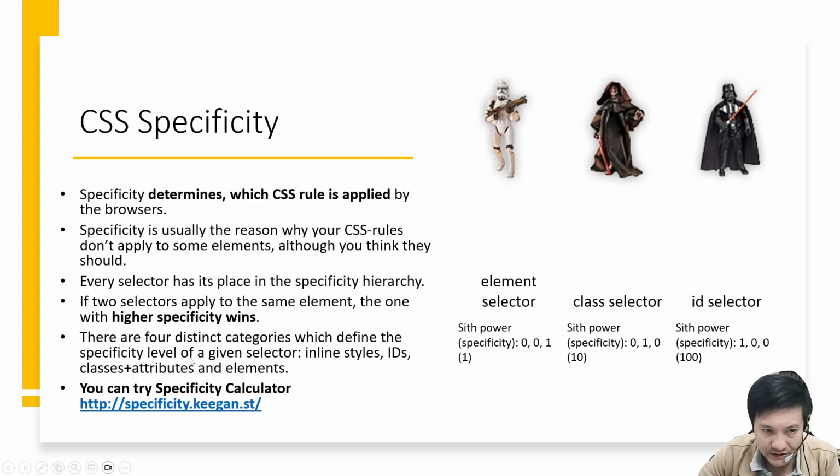This is some calculation, and then your style will be applied. There is something called inline style, ID style, and class plus attribute, and element. Let's explain it one by one.